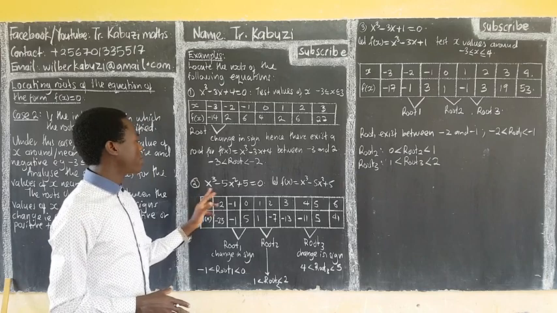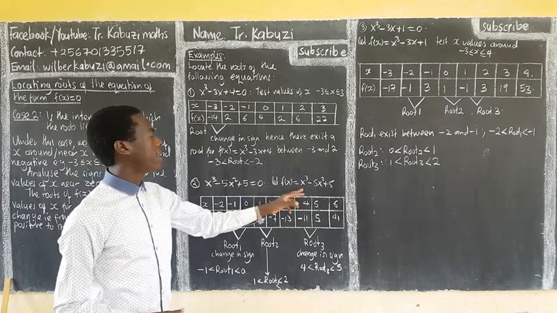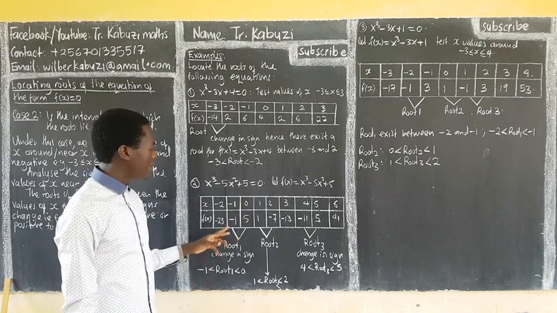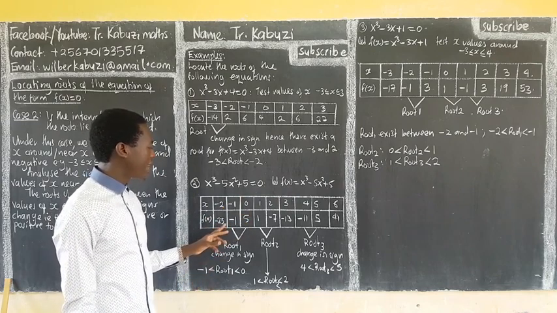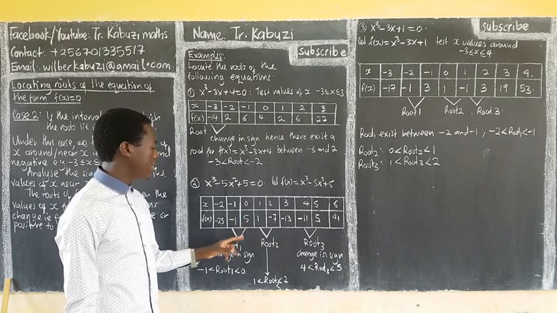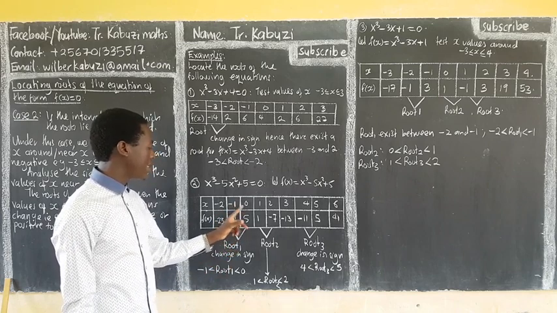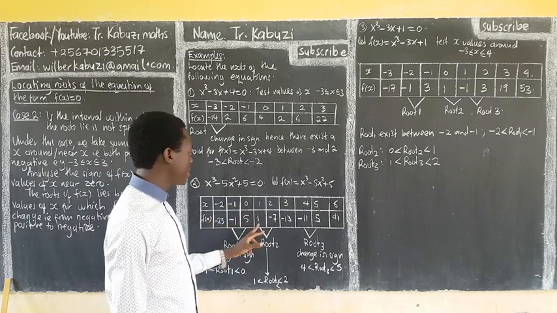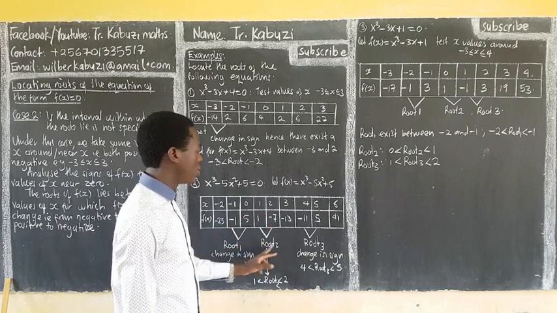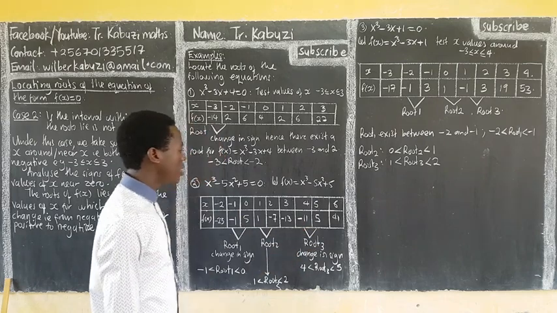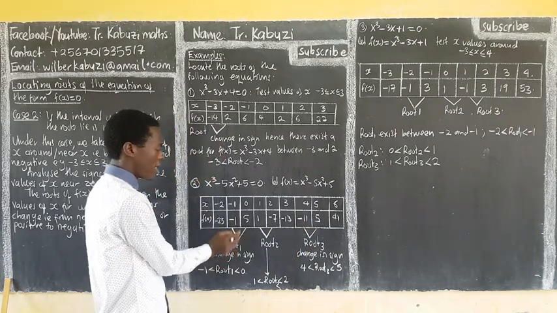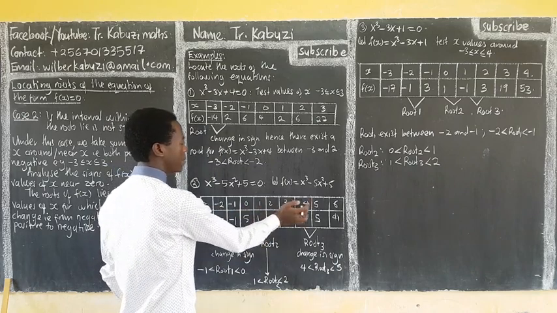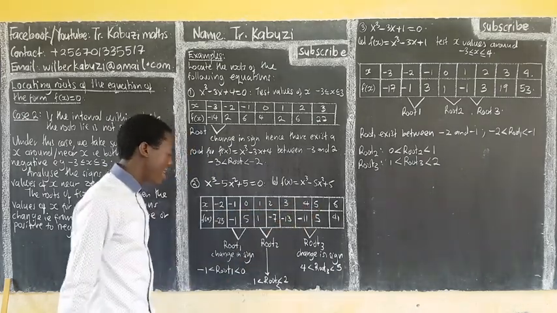Okay, now number 2, this one. We let f of x be this function. Then we put in values. Now, you see, from here up to here, no change. Negative, negative, no change. Negative, positive, so the root will exist between these two. Then for f of x, positive, negative, there is a change. Negative, positive, there is a change. So this one is going to give us one root, this one a second root, and the third root.